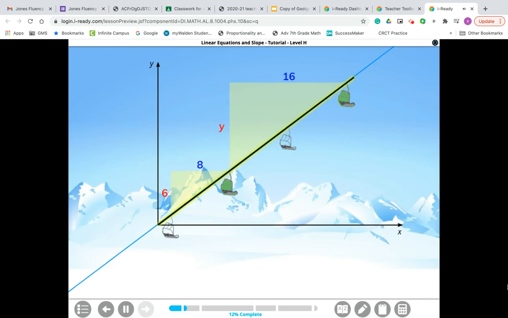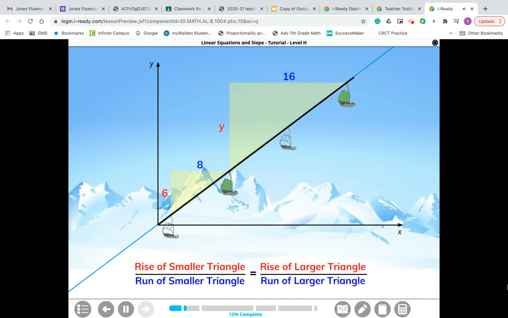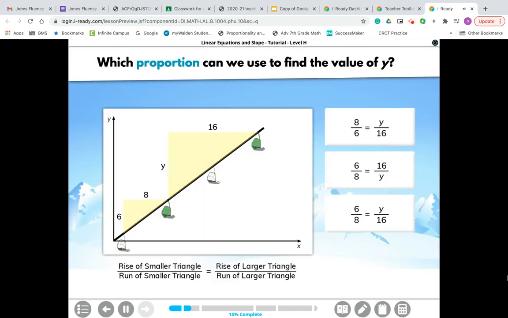We know the ratio of the rise to the run of the two triangles will be equal. Oh, so I just need to set up a proportion comparing the rise over the run of the smaller triangle to the rise over the run of the larger triangle? Right. Which proportion can we use to find the value of y? Way to go.